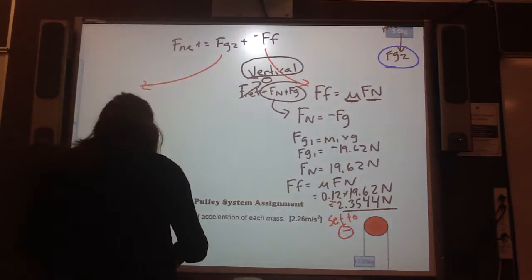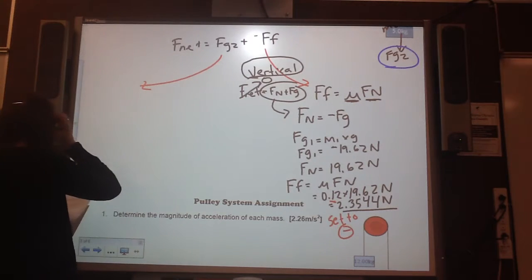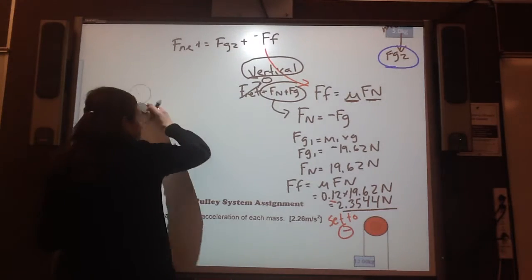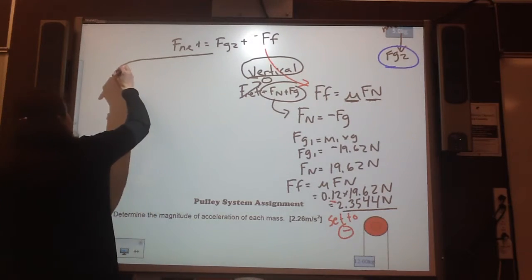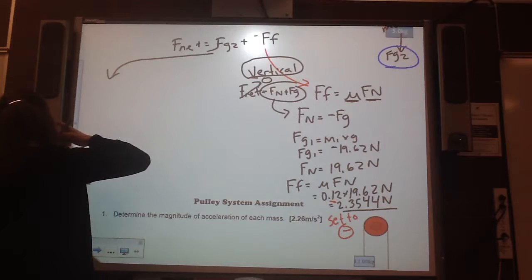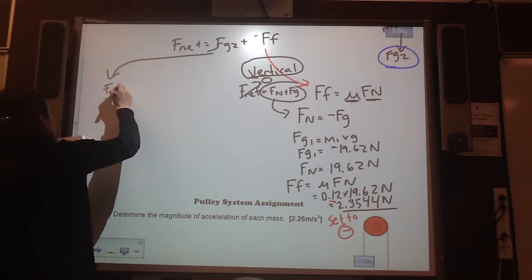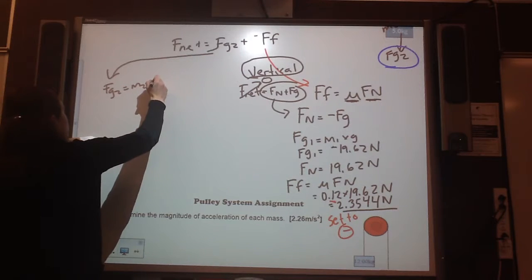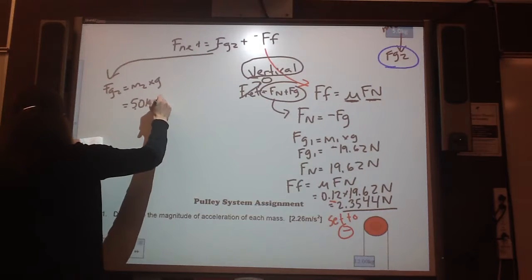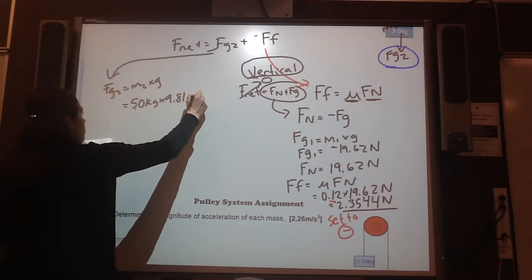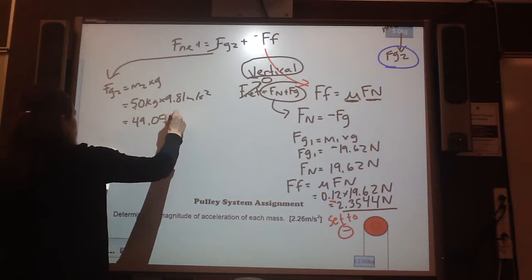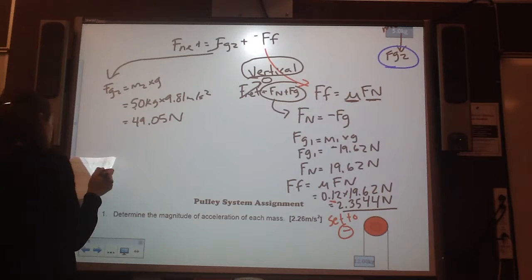Okay. So then I can solve for my Fg2, because I eventually want to end up with my F net. Fg2 is equal to m2 times g. So 5.0 kilograms multiplied by 9.81 meters per second squared. This is equal to 49.05 newtons.